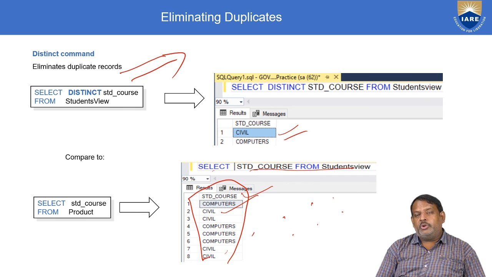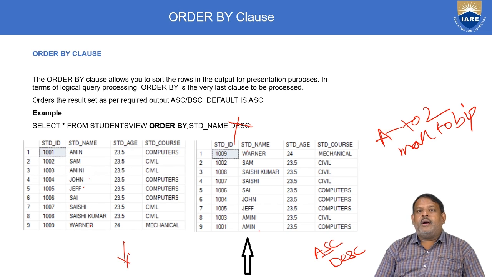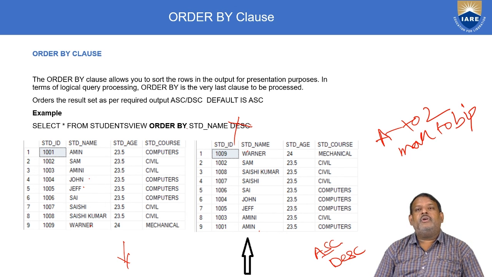In order to remove duplicates, you can use the DISTINCT command. The ORDER BY clause is used to order the data in ascending or descending order. The default is ascending, which means small to big or A to Z. Descending means Z to A or big to small.